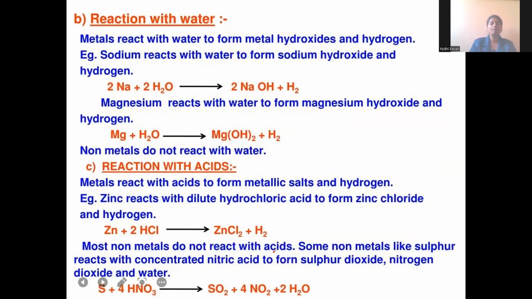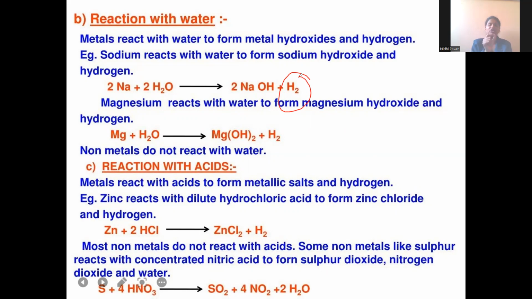What happens when metals react with water? When metals react with water, they form the respective metal hydroxide along with the liberation of hydrogen. You can see the example here. When sodium reacts with water, we get NaOH, that is sodium hydroxide, along with hydrogen.